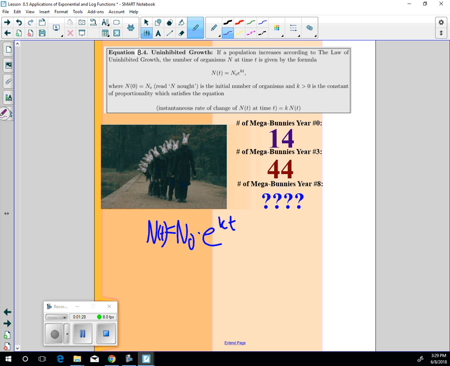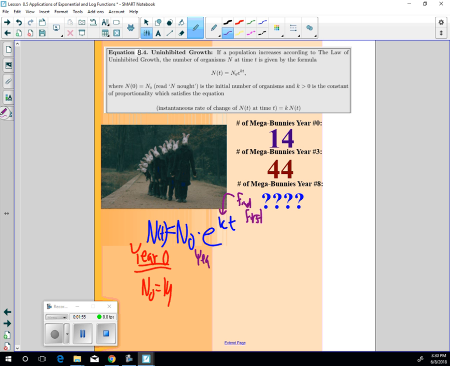And then k is what we always want to find first, and then we can find whatever we need. So in year 0, you have n equal to 14 mega bunnies. There's something creepy about these bunnies. I don't know what it is.